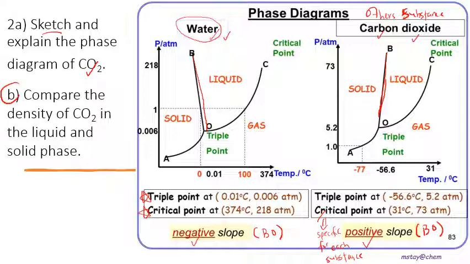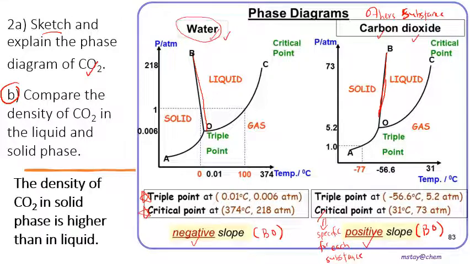Question 2b. Compare the density of carbon dioxide in the liquid and solid phase. Because the BO line is a positive slope, the density of carbon dioxide in solid is higher than carbon dioxide in liquid.